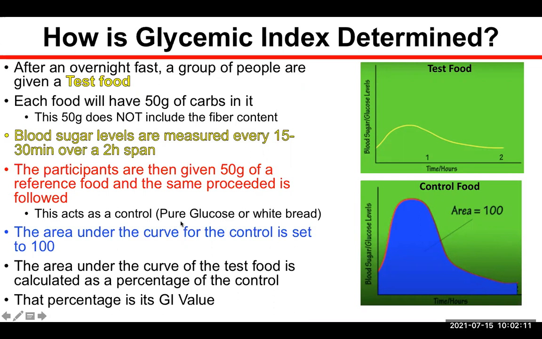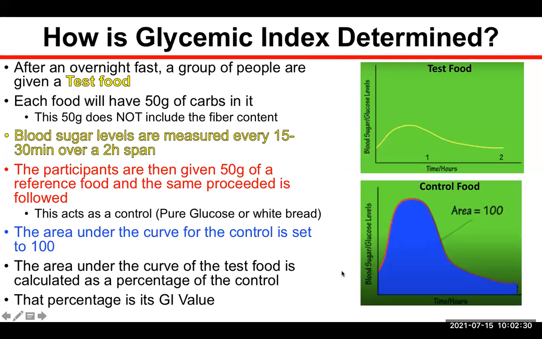So they gave the study group either 50 grams of glucose, which is quite a bit, or 50 grams of white bread. And basically, this is the kind of curve that was generated. It's going to cause an insulin spike because this is quite a bit of sugar in the body.